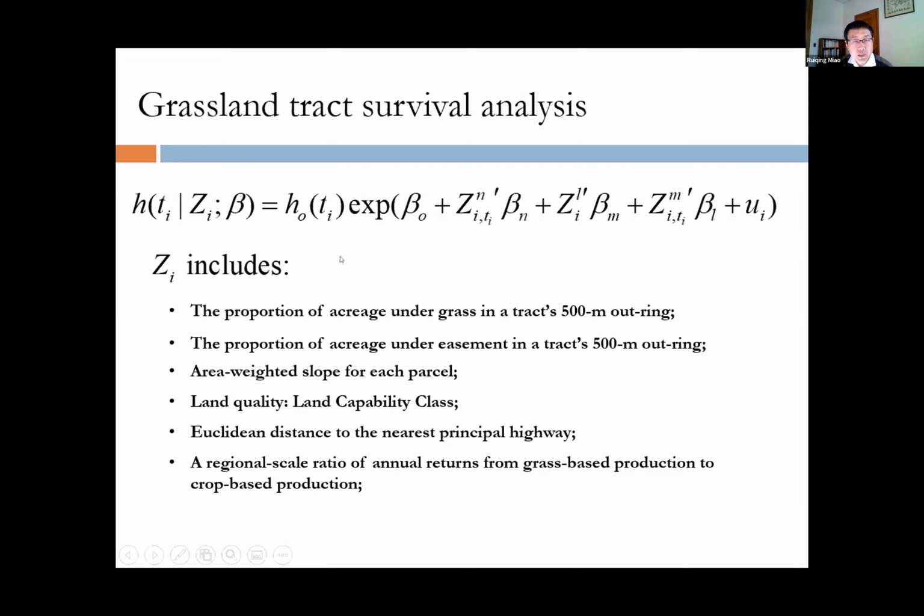Here are some of the independent variables they include: the proportion of acreage under grass in the land tract's 500-meter range, and also the proportion of acreage under easement in a tract's 500-meter range, and some other variables, including land quality and distance to the nearest highway, and so on.